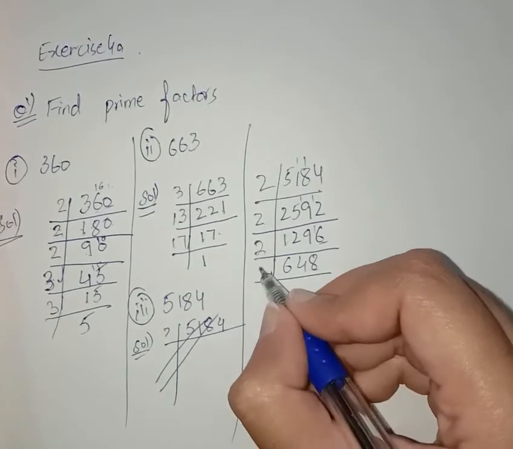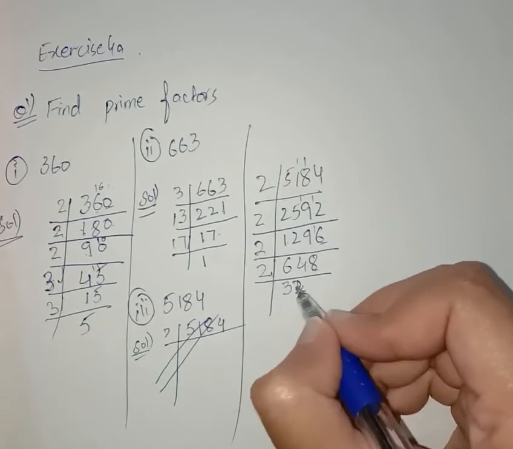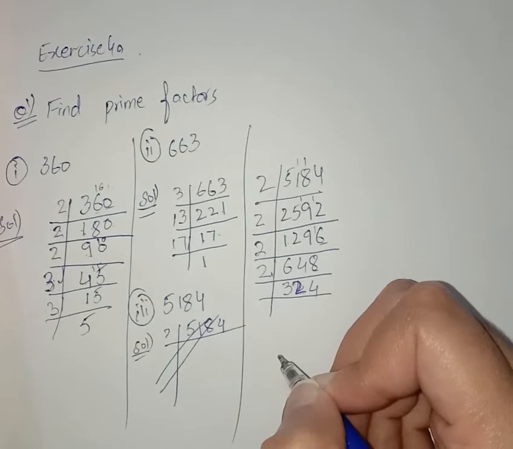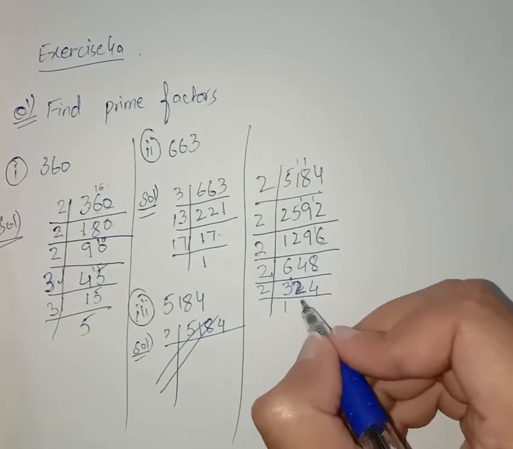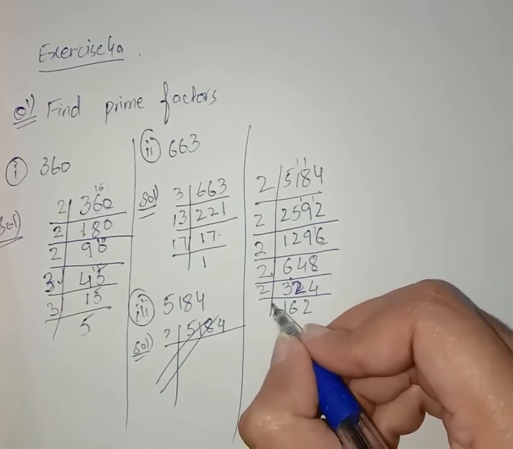Now prime, also prime. 2 3s are 6, 2 2s are 4, 2 4s are 8. Now the last digit is also prime. 2 1s are 2, 1 is on carry, it changed into 12. 2 6s are 12, 2 2s are 4.